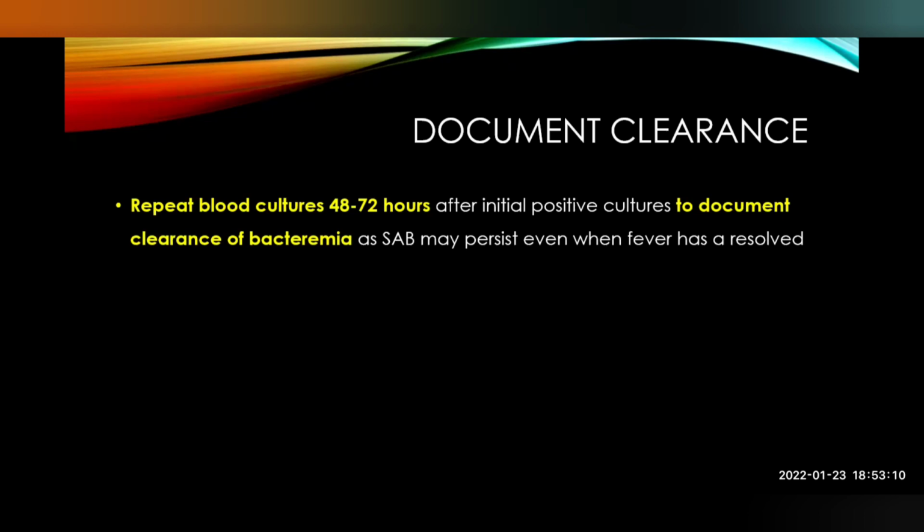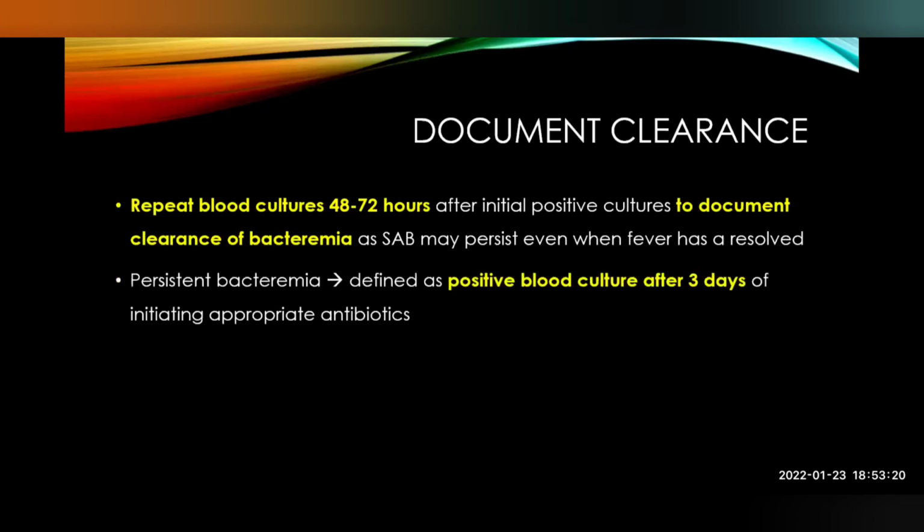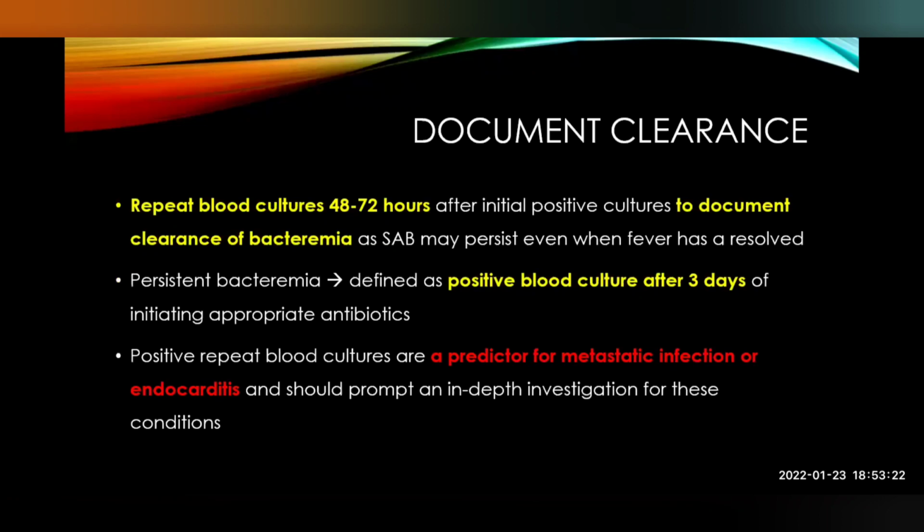It is very necessary that you document the clearance, so that you decide the total duration of treatment and rule out persistent bacteremia. As I mentioned, persistent bacteremia is defined as positive blood culture after 3 days of appropriate antibiotics, and a positive repeat blood culture is a predictor for metastatic infection or endocarditis.